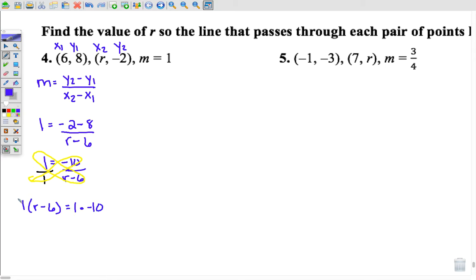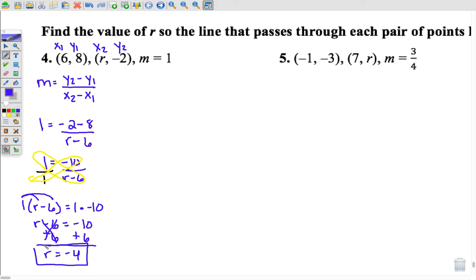Okay, distribute your 1 to everything inside. So you have 1r, so r, 1 times 6 is just 6, is equal to negative 10. Get r by itself, so add 6 to both sides. So that crosses off. That's a 0 pair, so r is equal to negative 4.